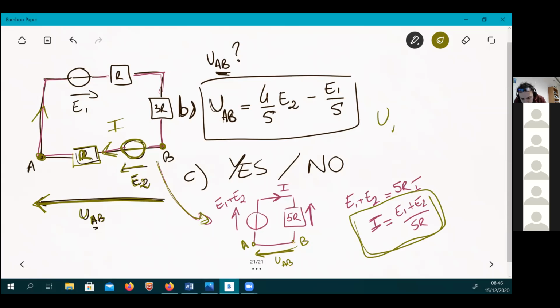You know that UAB equals minus UR plus E2. Minus UR is minus R times I, which gives minus (E1 plus E2) over 5, plus E2, and you get back to this result. Okay?